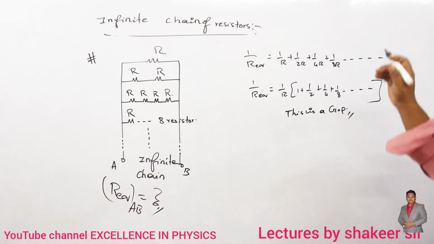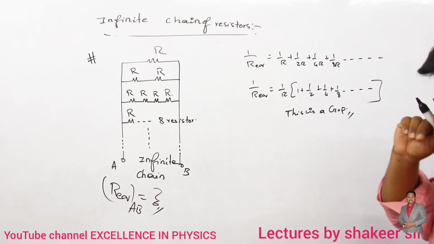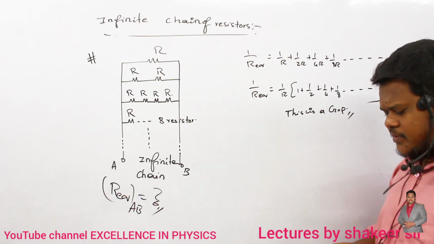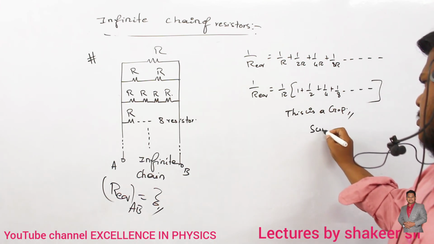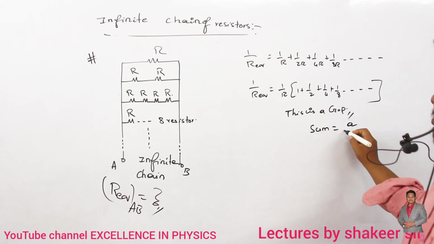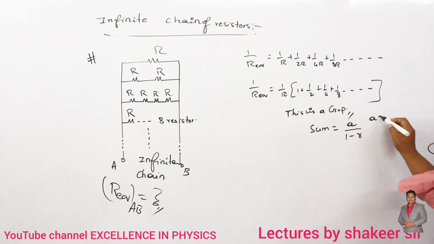So if it is a geometric progression, then what is the equation to calculate the sum of this sequence? What is the equation to calculate the sum of a geometric progression? Sum of a geometric progression is A divided by 1 minus r. This is the equation, where A is the first term.